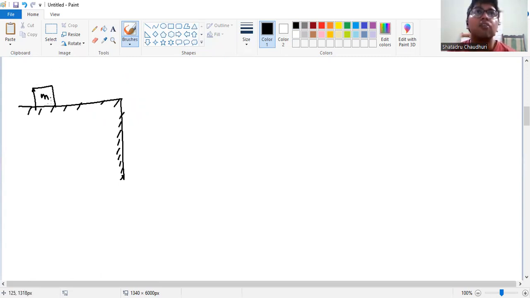Okay, this is M1 and this is M2, and the smooth pulley is connected at this point.